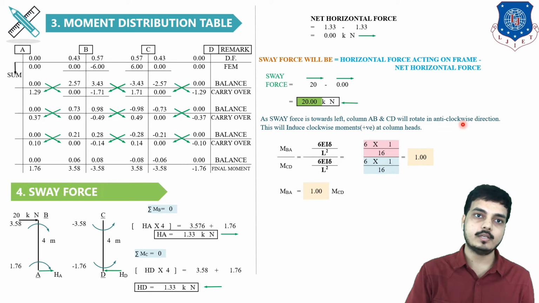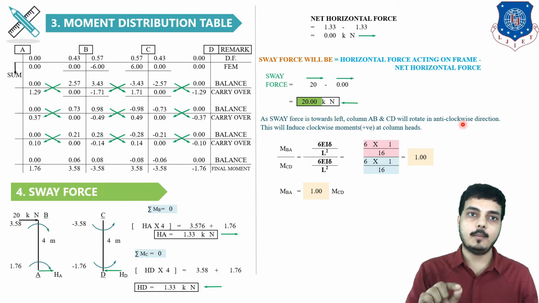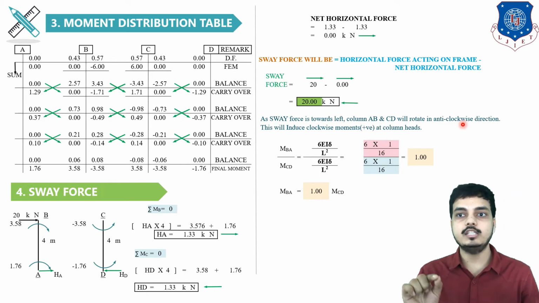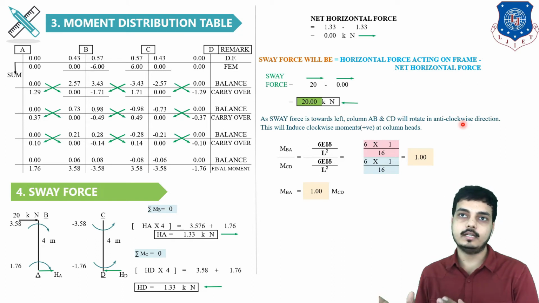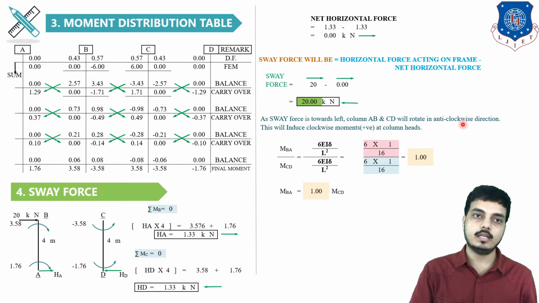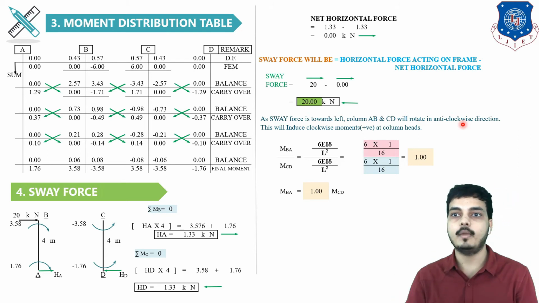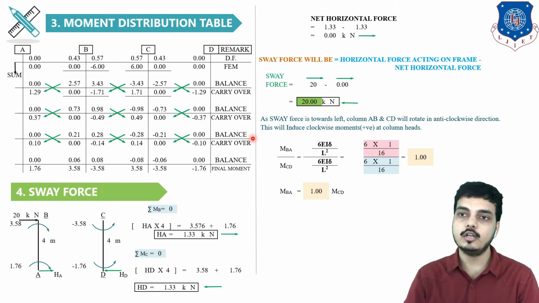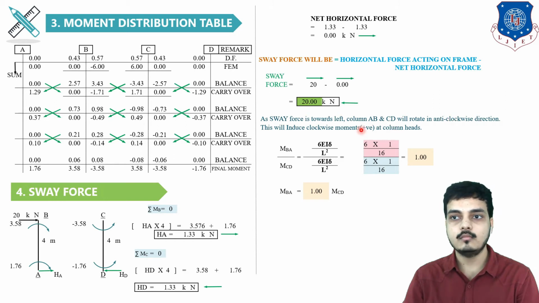But at both the upper heads, B and C joints will have a clockwise movement. This is the rule: if the column is moving in a left direction, both the joints will possess a clockwise moment. So both the top heads, B joint and C joint, will have a clockwise moment, which is positive at the column head. So it will be plus MBA and plus MCD.